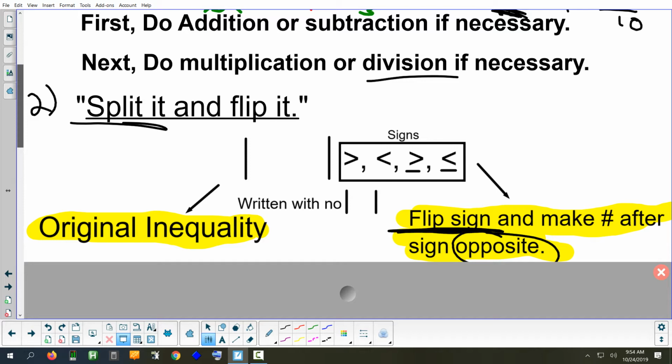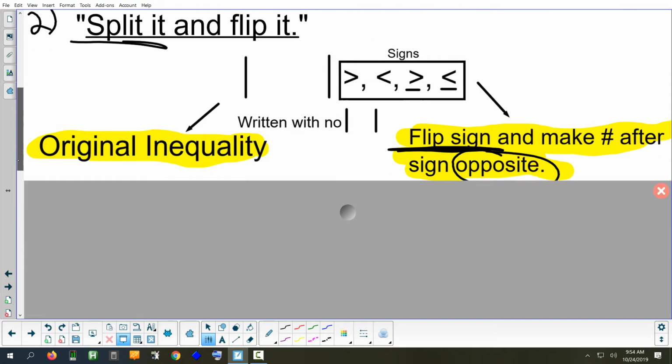You have to flip the sign. So 2 things you have to do when you write this other inequality after you split it: flip the sign and make the number on the other side the opposite. We got to do both. Any question on those 2? We're gonna go through some examples. So we're just kind of getting the steps now, and then we'll practice them.